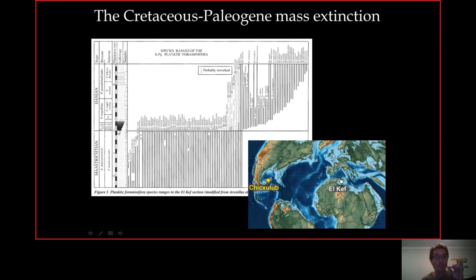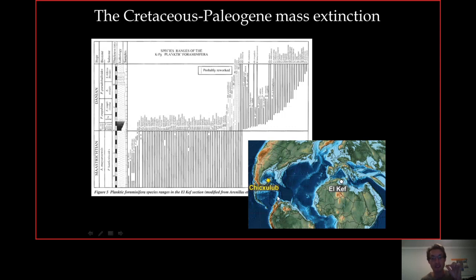And also you have this dark horizon. That's the lithology here. This dark horizon corresponds to some clay that was deposited at the moment of the impact. And you find some remnants of the impact that were projected from Mexico all the way to Africa.